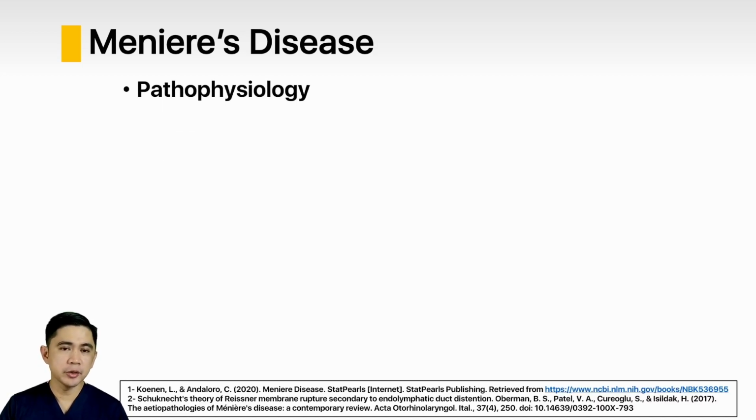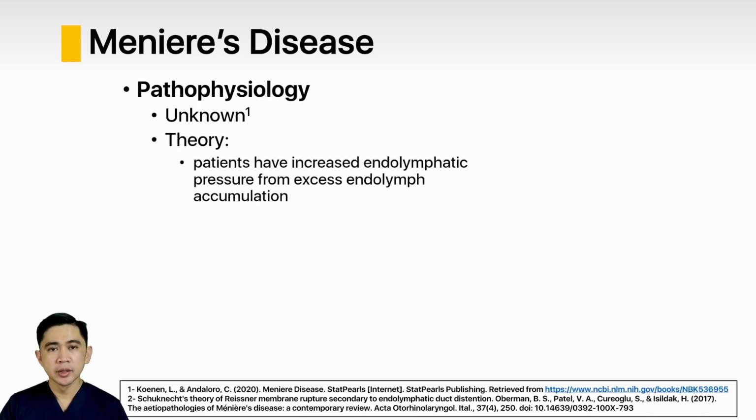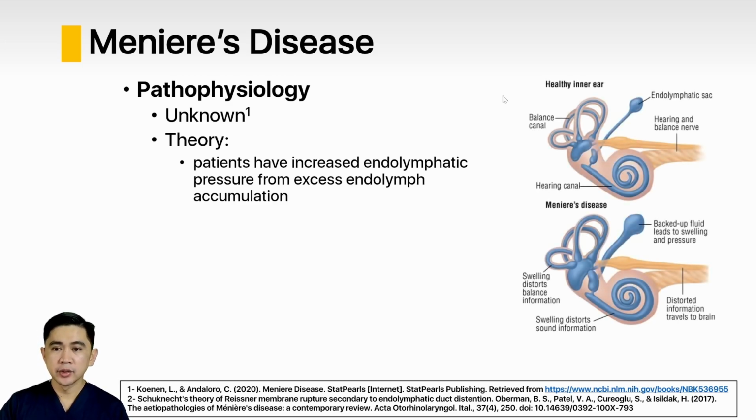The pathophysiology of Meniere's disease is unknown, but there are theories that attempt to explain it. In Meniere's disease, patients have increased endolymphatic pressure from excess endolymph accumulation. Again, this is the inner ear and this is the membranous labyrinth. Inside of it is endolymph.